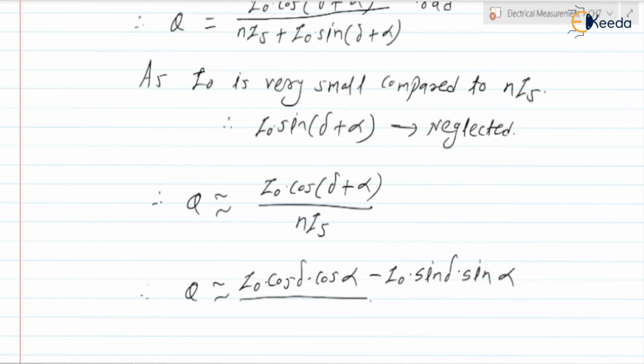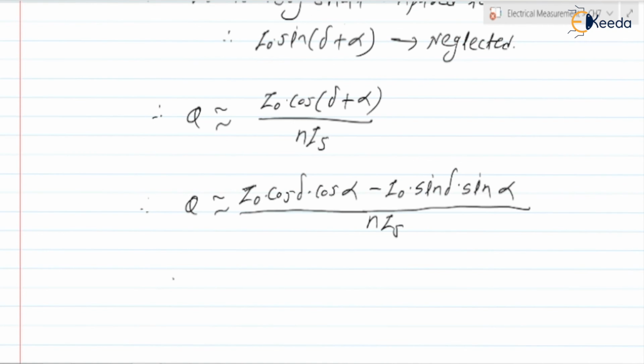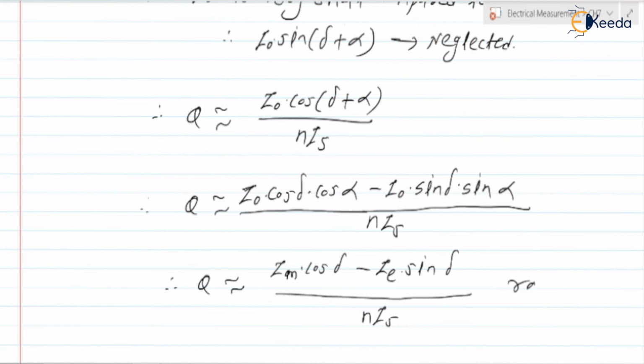Since I0 into cos alpha is Im, and I0 into sin alpha is IE, we can write theta equal to Im into cos delta minus IE into sin delta, divided by N into IS. This is in radians.